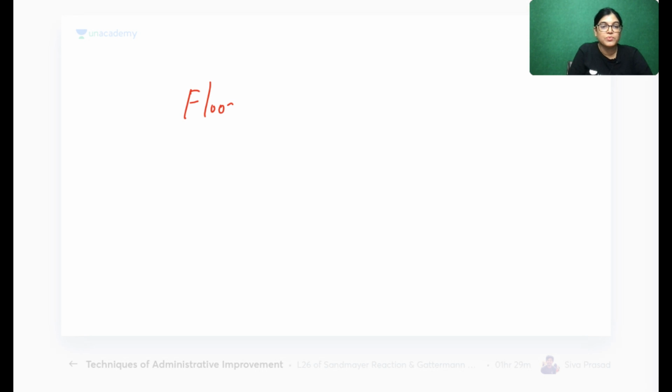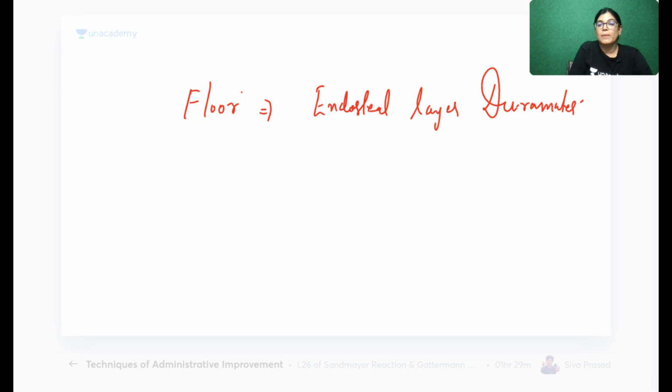When I am talking about the floor of the cavernous sinus, it is formed by the endosteal layer of dura mater. The cranial dura mater is made of two layers.